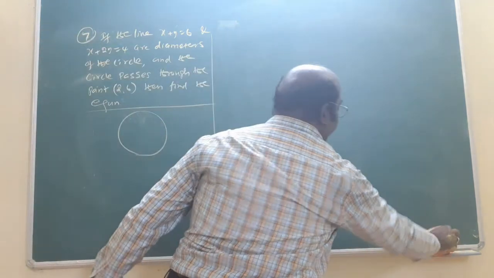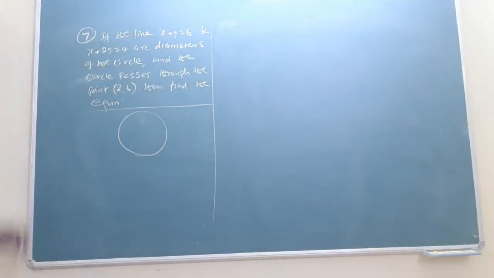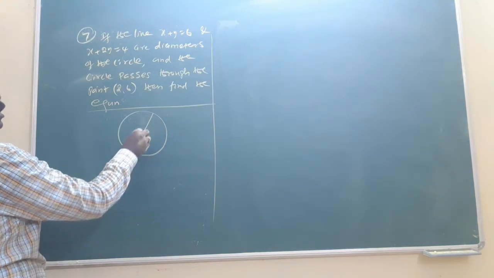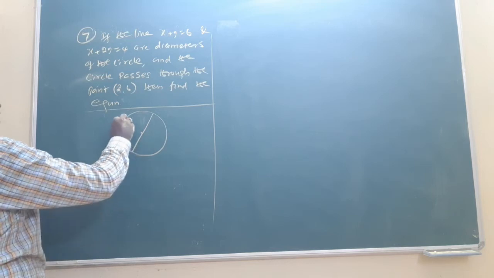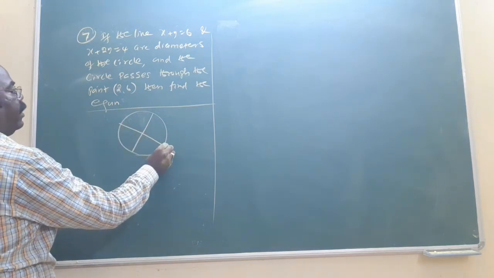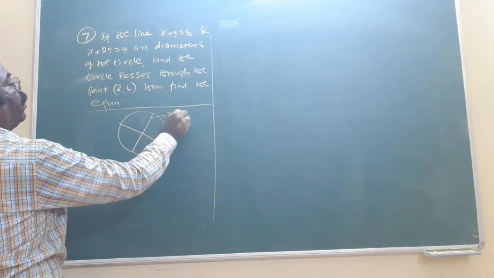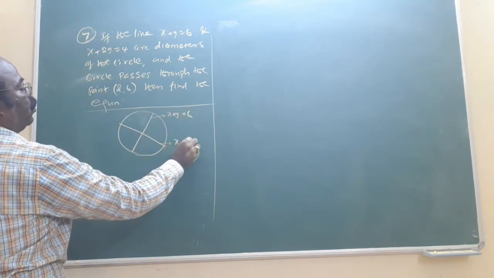Now, the seventh question: if the lines x plus y equal to 6 and x plus 2y equal to 4 are the diameters. That means what? A diameter means a line that passes through the center. This is the first equation, x plus y equal to 6, and the second equation, x plus 2y equal to 4.